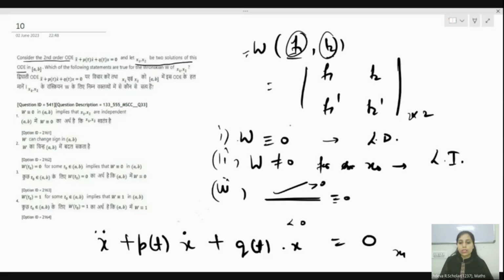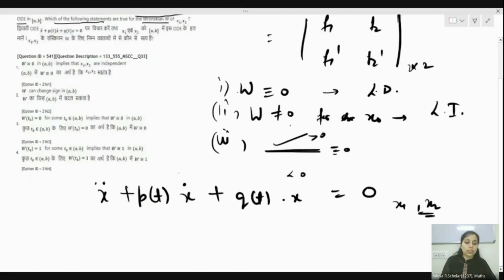We know that for a second order equation, two solutions will be found, and they are asking which of the following statements are true for the Wronskian of x1 and x2. If you are finding the Wronskian of these solutions x1 and x2, then what is true from these four options?